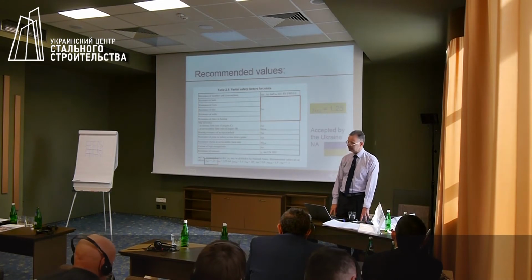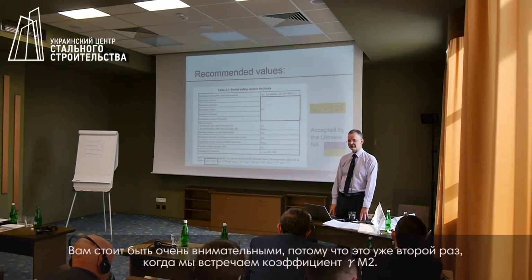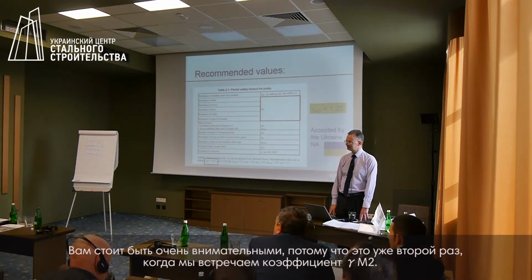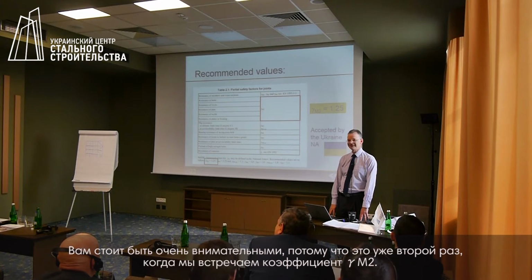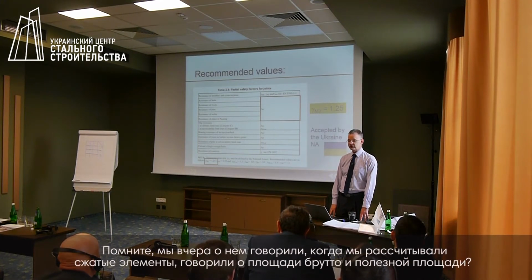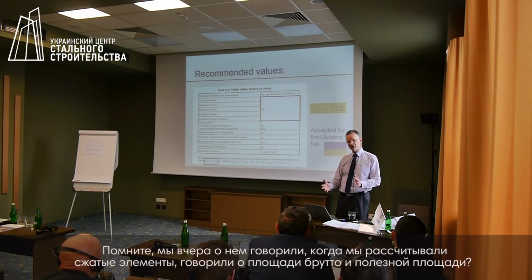You ought to take care, ladies and gentlemen, because this is the second time we've met gamma M2. We saw it yesterday, and we used it when we were checking members' tension.